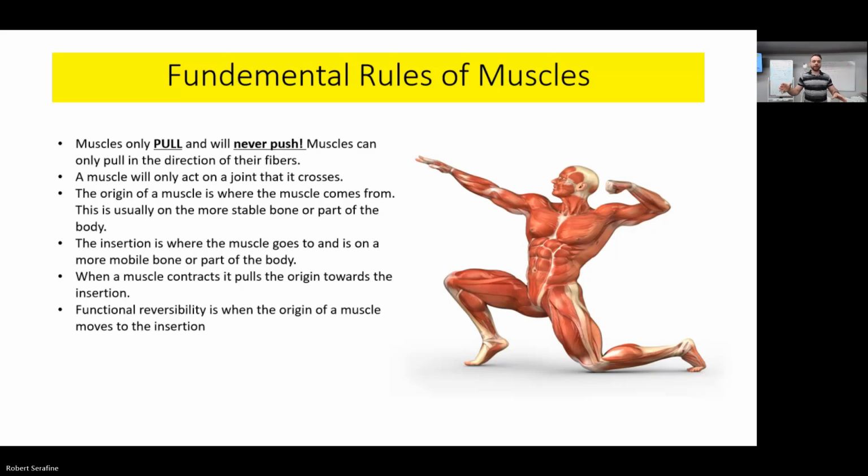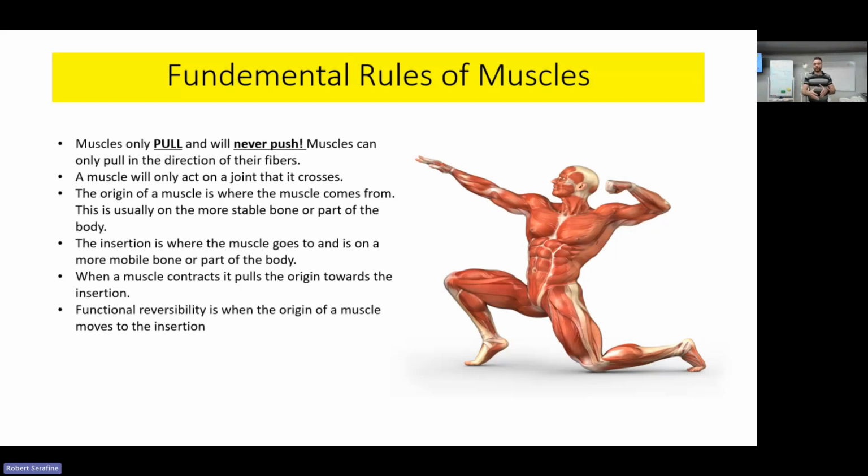versus the other side that might not move a lot. So imagine that if I was holding on to a steel beam and a rope attached to a 20-pound rock, and I try to pull both of those together. Well, clearly the steel beam's not going to move, but that 20-pound rock's going to come towards me. That's essentially how muscles are going to work.